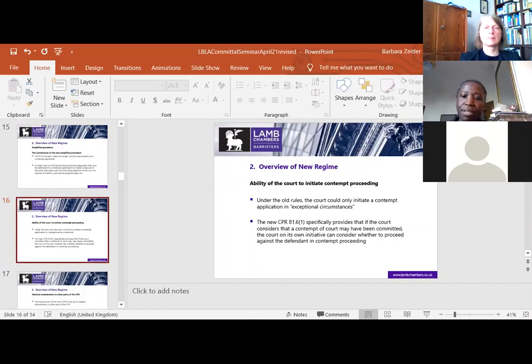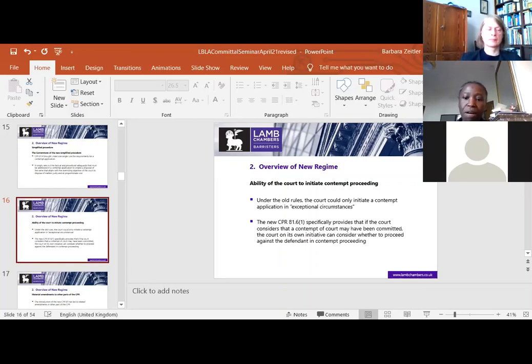I referred earlier to the ability of the court to initiate its own contempt proceedings. Under the old rules, if you'll remember, the court could only do so or initiate a committal application in exceptional circumstances, for example, where there'd been a contempt in the face of the court. And that was under, I think it was CPR 81.16. In all other cases, there had to be a referral to the Attorney General to determine whether a prosecution should be brought.